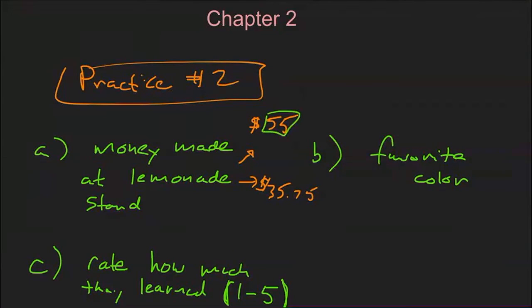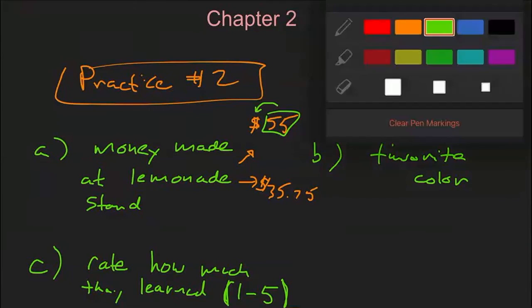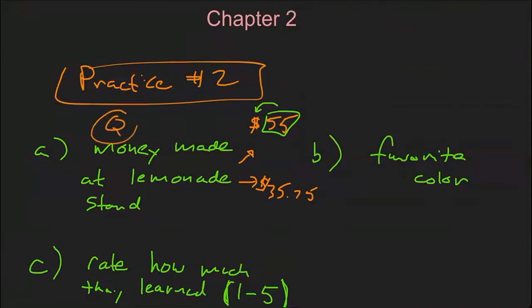We have numbers, we have units, and so this is quantitative for A. Dollars are units. Basically anything that describes your number are units, like pounds, ounces, inches, years, months, days, anything that goes with your number to describe it.